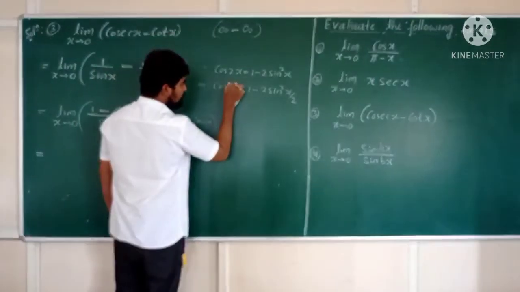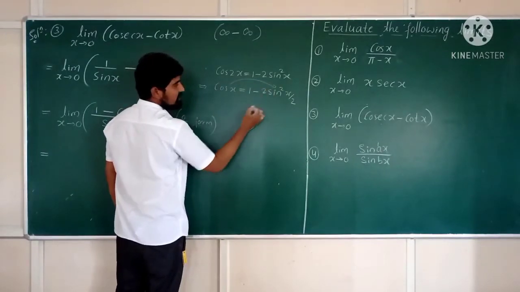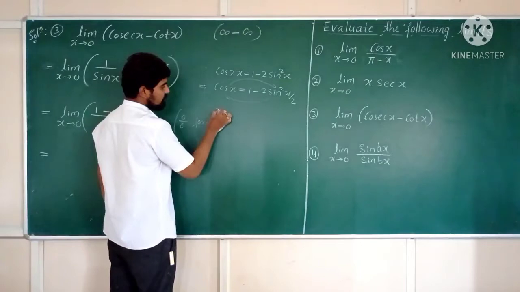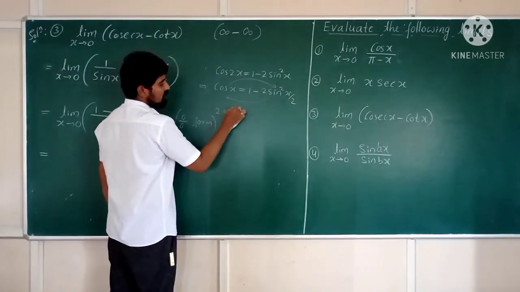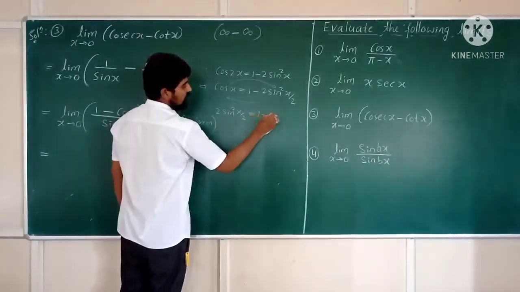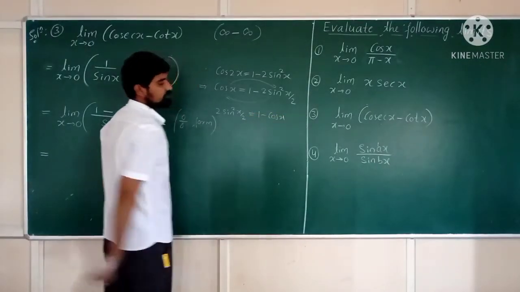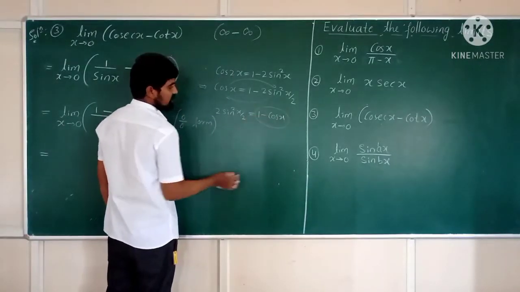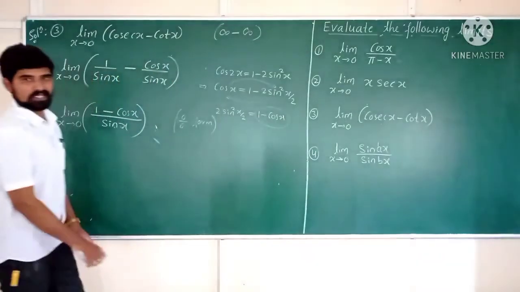Therefore, shift this cos x towards the right hand side and this 2 sin square x by 2 towards the left hand side. It becomes 2 sin square x by 2 is equal to 1 minus cos x. Hence, in place of 1 minus cos x, we may write 2 sin square x by 2.